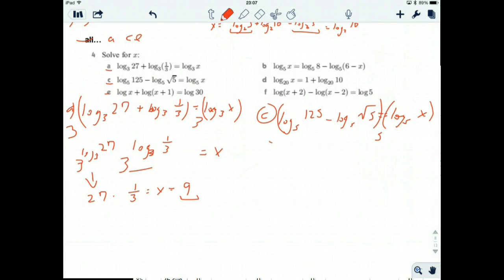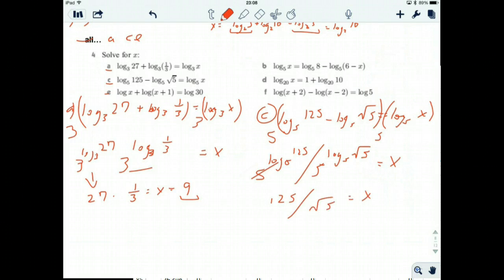So it's 5 to that, 5 to that. 5 to the log base 5 of x is just x. 5 to the log base 5 of 125 minus log base 5 of square root of 5 would just be a fraction, right? 5 to the log base 5 of square root of 5. So this would just be 125 divided by 5 to the log base 5 of square root of 5 equals x.